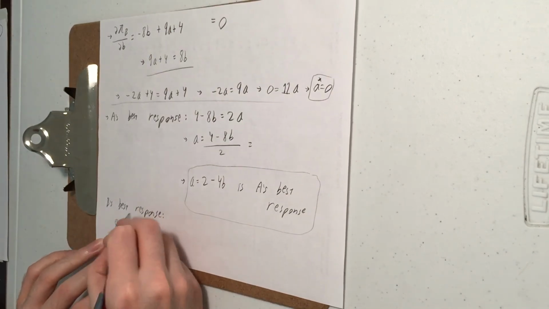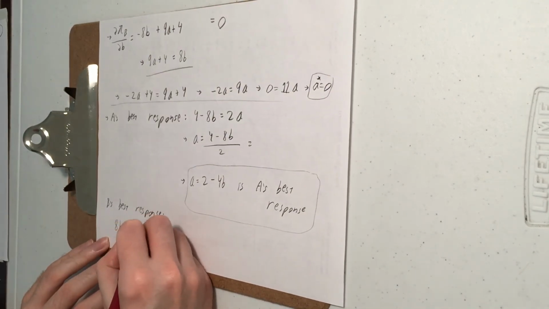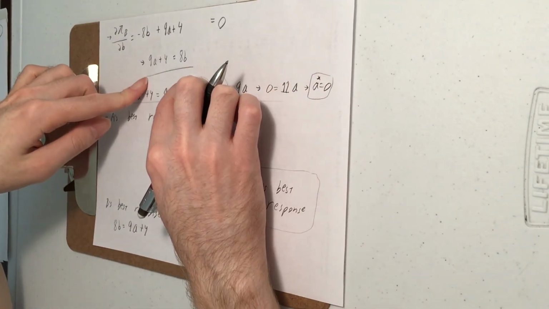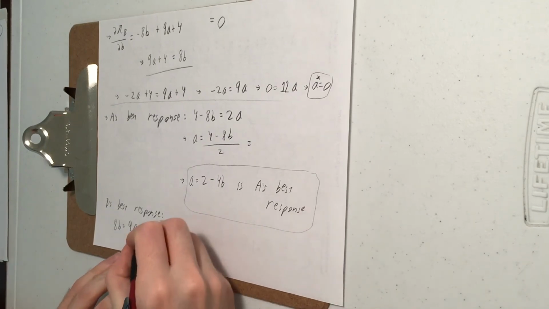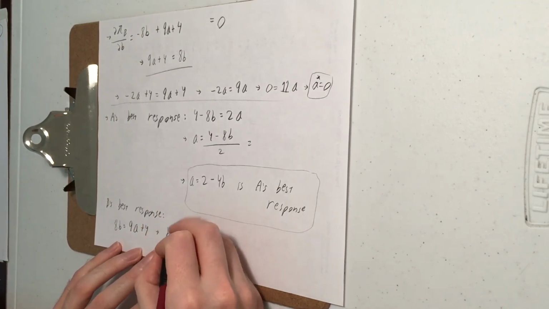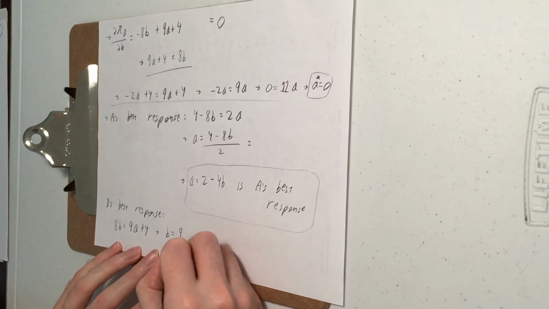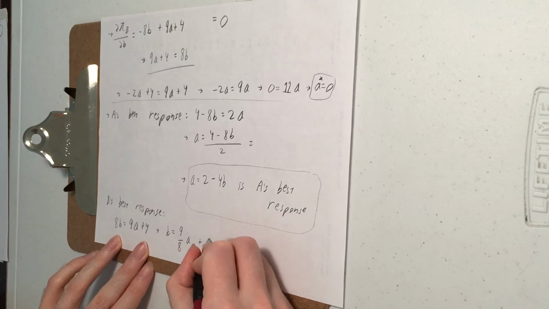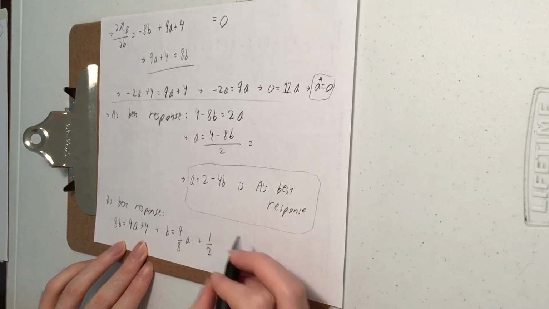So I get 8b equals 9a plus 4. So that's, actually I had that over here. Let's divide both sides by 8 to isolate the b. So I get 9 over 8 a plus 4 over 8, but 4 over 8 is just a half, so that'll be this.